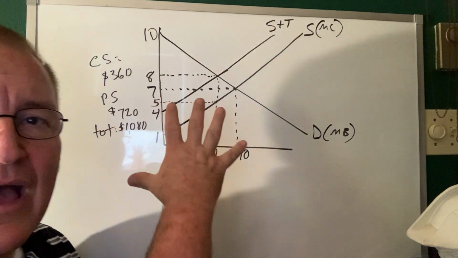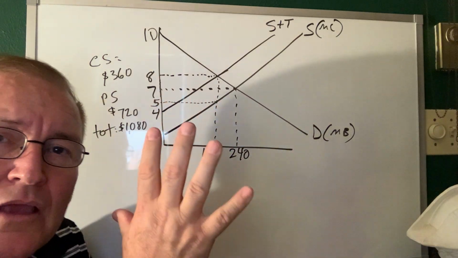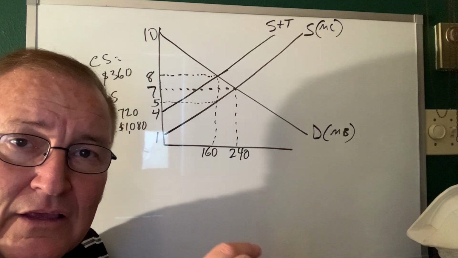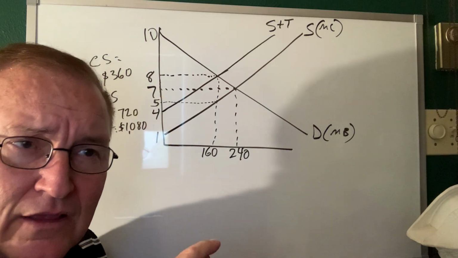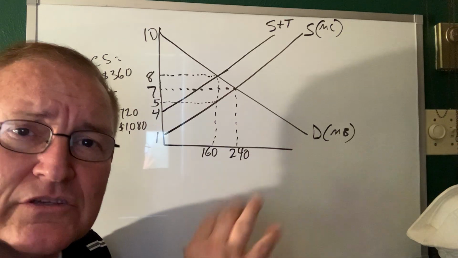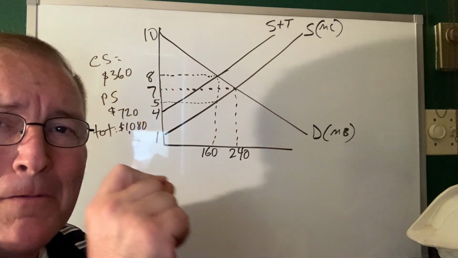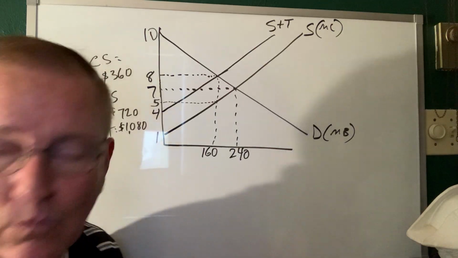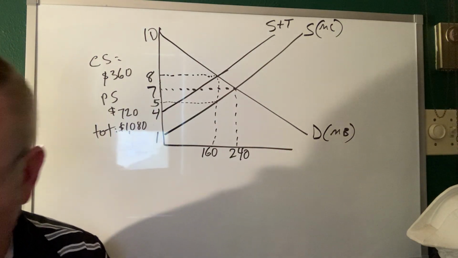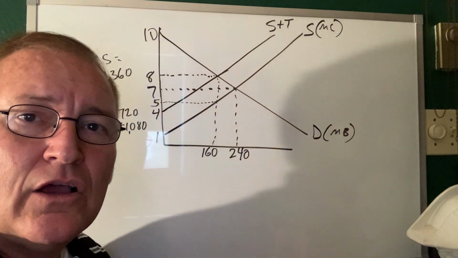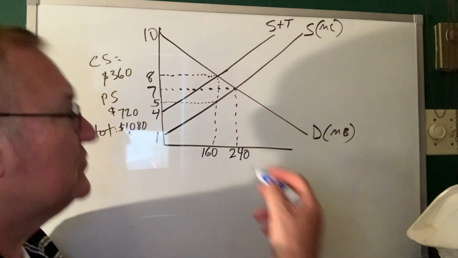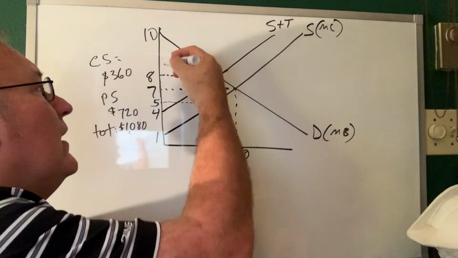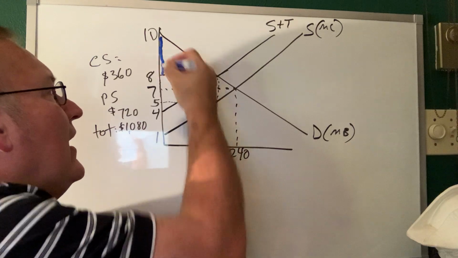So now that I have this, I can answer the question: does a tax make a market efficient or inefficient? The answer is, ceteris paribus, in most cases a tax makes a market inefficient. Why? If I calculate the consumer surplus, the maximum the consumer is willing to pay is 10, but now the consumer's paying 8.